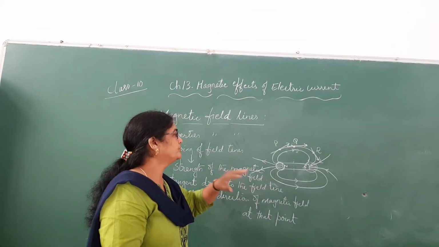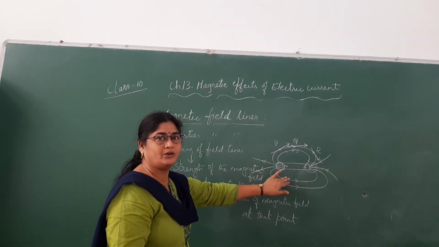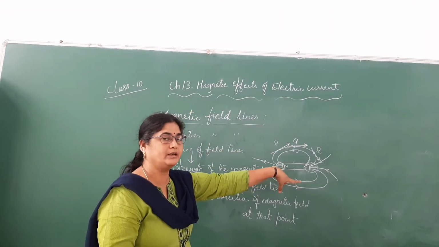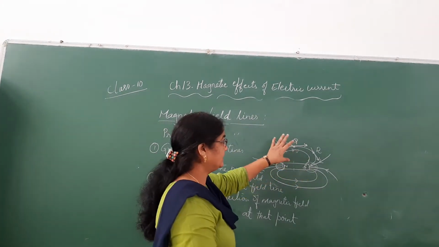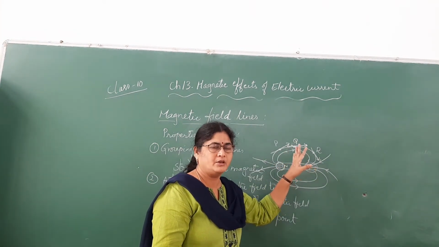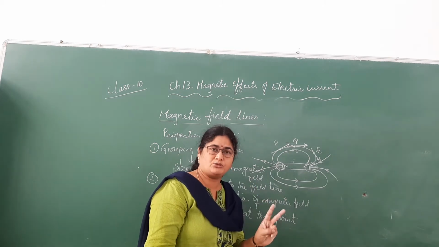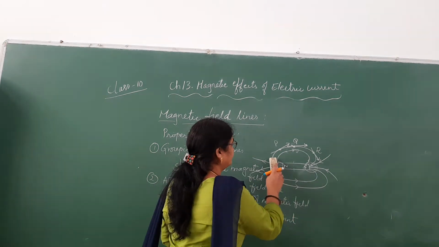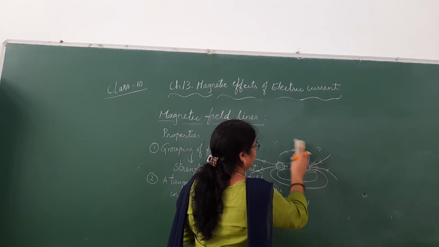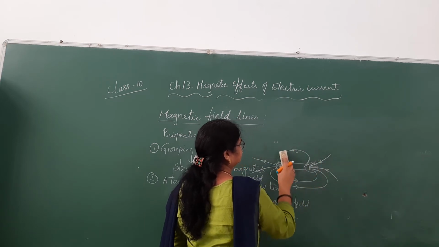You can draw infinite field lines around this bar magnet, but they never cross each other. They never cross each other because magnetic field is a vector field. What happens if any two field lines cross each other? For example, here I have a field line. One field line is like this.